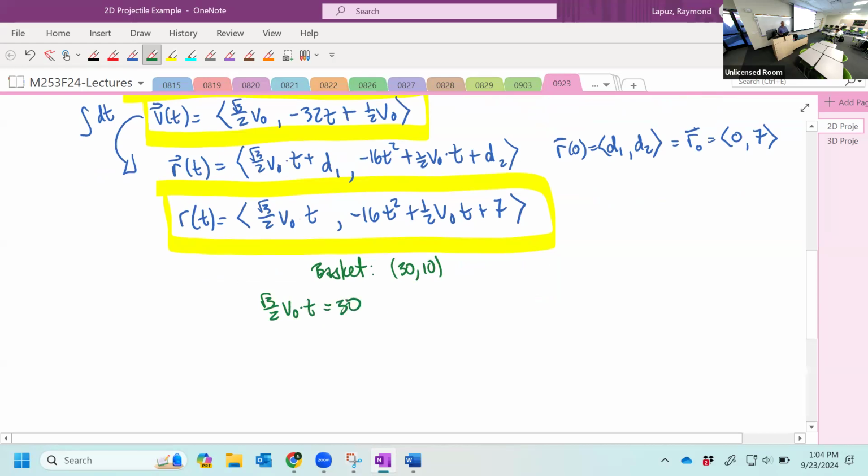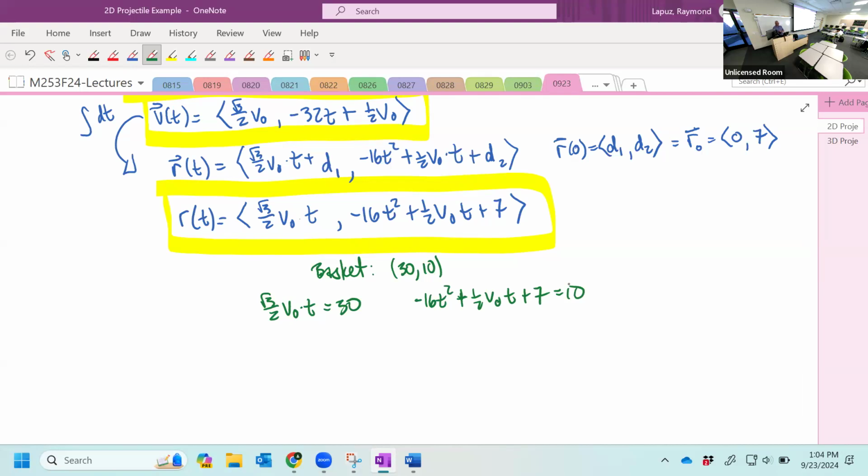That's the x component. And then negative 16t squared plus 1/2 v naught t plus 7 is equal to 10. So two equations and two unknowns. We have the time, t, is the unknown, and the initial velocity v naught is unknown. I guess I should say speed, initial speed of the velocity vector.